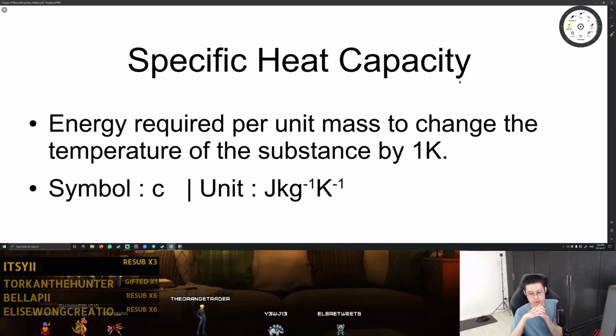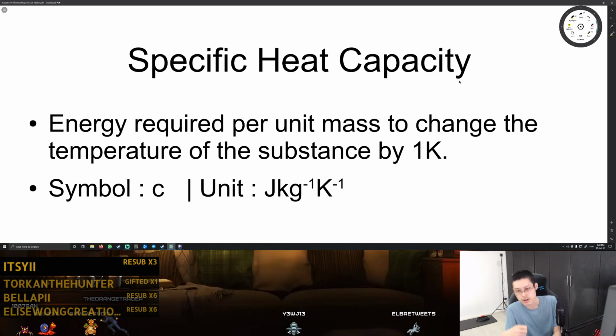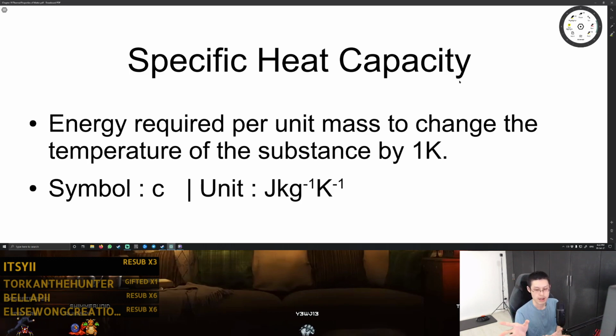If you put impurities into the water, you might change the specific heat capacity of the substance. So maybe if you put in some salt or some other substance and mix it around, now the specific heat capacity rises to 10 joules per kilogram per kelvin.